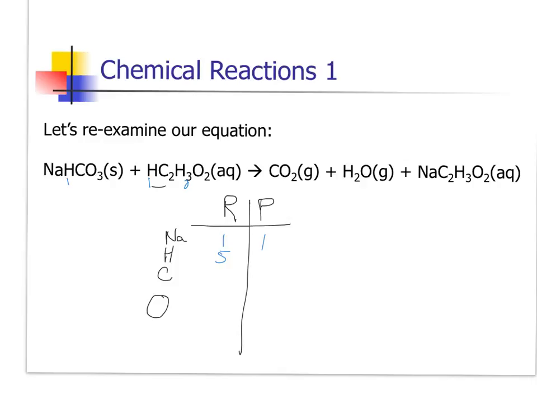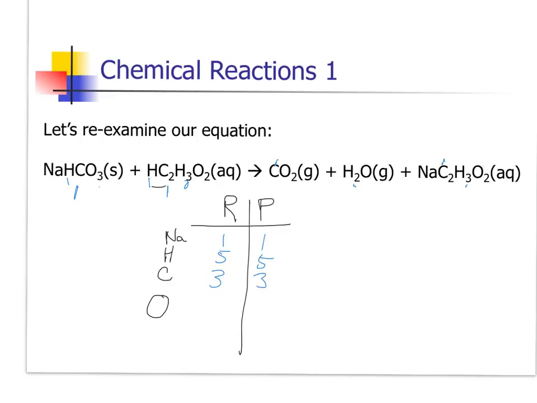And on the product side, I have 2 plus 3, so I also have 5. Now the carbon, I have 1, and then I have 2, which gives me 3. On the product side, I have 1 and 2, which also gives me 3.